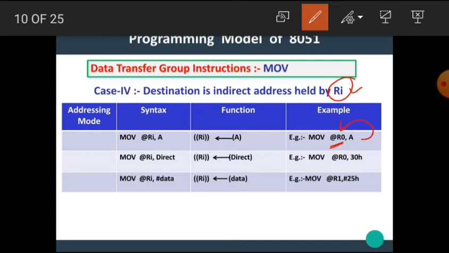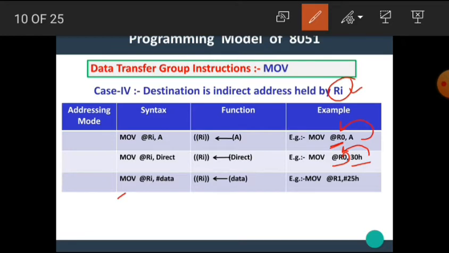The next syntax is MOV @Ri, direct. For example, MOV @R0, 30h. That means whatever data is stored in the 30h memory location is copied into the location which is pointed to by the register R0. The next instruction is MOV @Ri, immediate data.